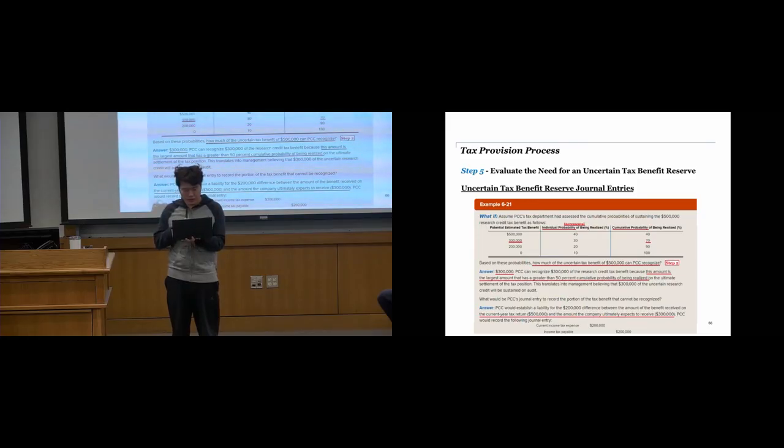So according to the previous slide, 63, the largest amount that we can realize is the largest amount at least greater than 50% probability of being sustained. So in this case, the accumulated probability that's greater than 50% is 70%, and that correlates to the potential estimated tax benefit of 300K. Let me pause you there.